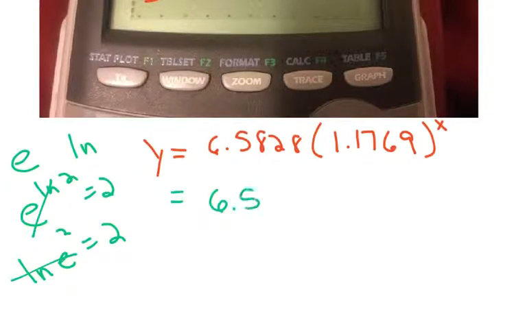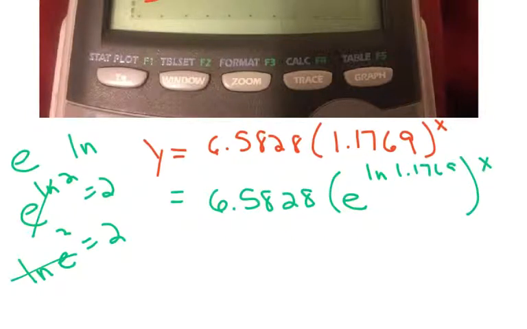So what I'm going to do is take what's inside the parentheses and rewrite it as e to the natural log of 1.1769. The reason that I can do that is because e and ln cancel, so I haven't really changed the equation, even though it looks a little different.